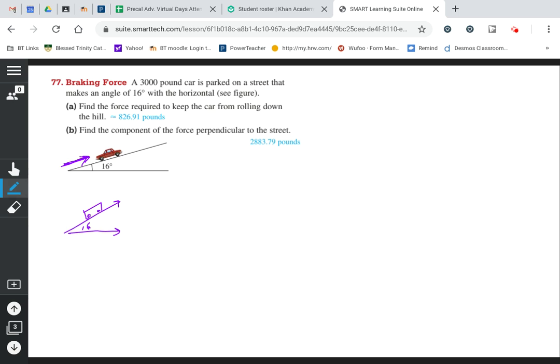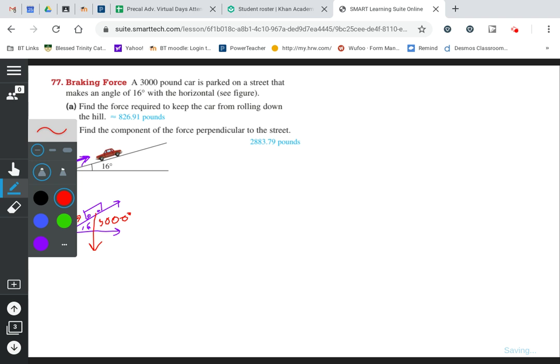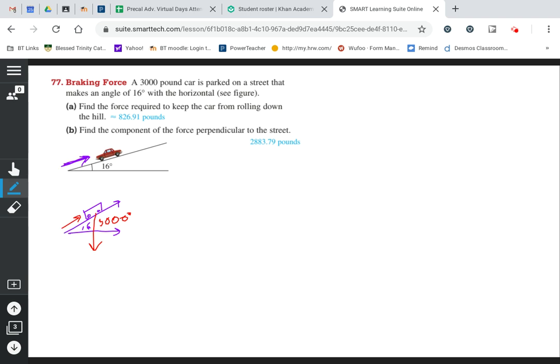If this car was on flat ground, that 3,000 pounds would be going in that direction. But we need that vector, so we're going to redraw this triangle. We're going to draw the vector we need, which is this part. That's our new vector, and it has a force upon it, so I'm going to write F1.